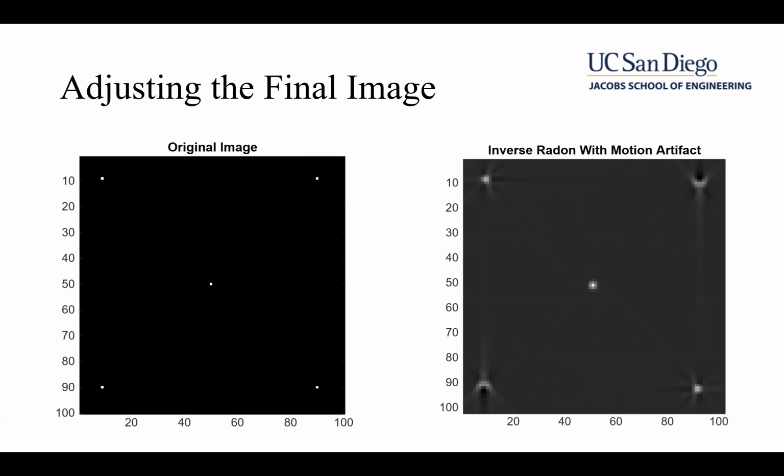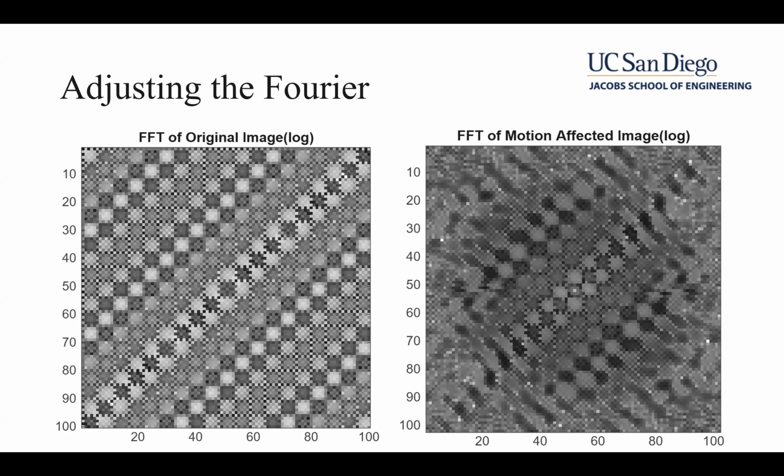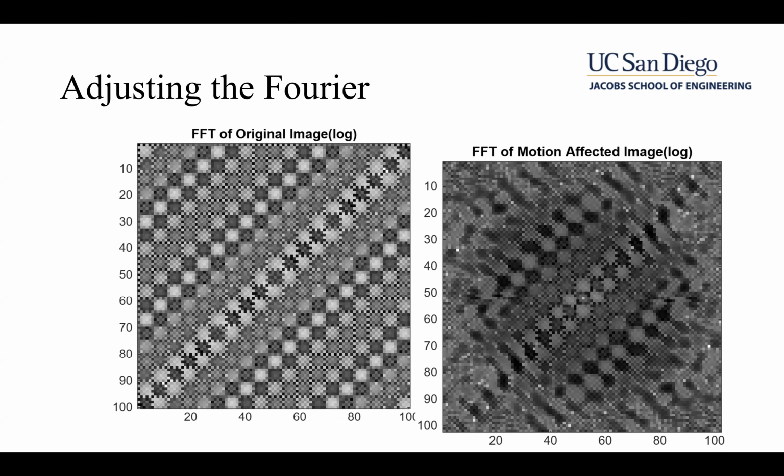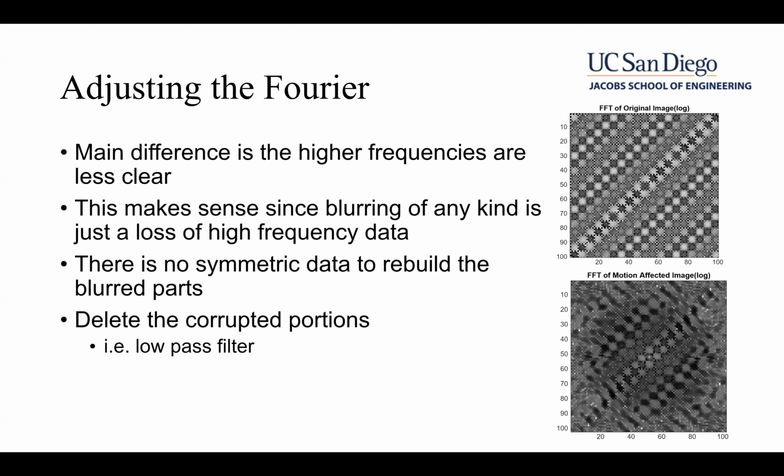So here's the inverse radon after including the motion artifact. When you look at the Fourier transform, we actually see that most of the high frequency data has been jumbled, and this makes sense because blurring of any kind is generally just a loss of high frequency data, and in this case we have no real symmetric data to rebuild the blurred parts.